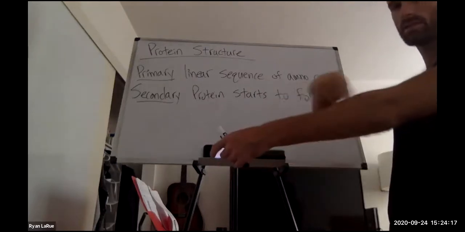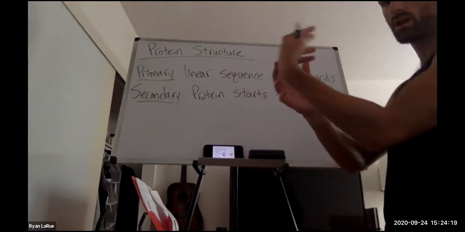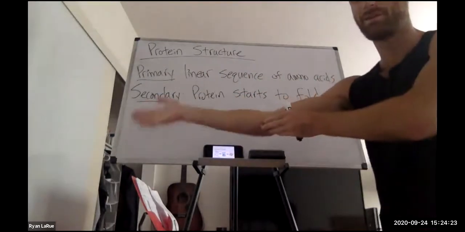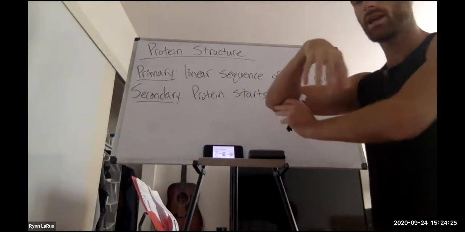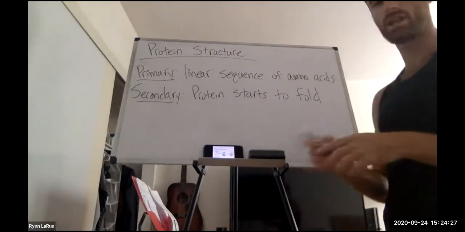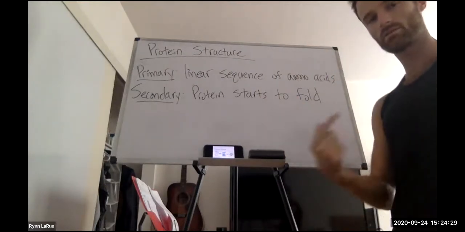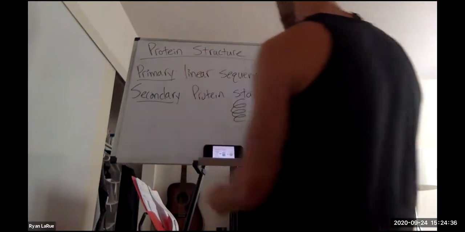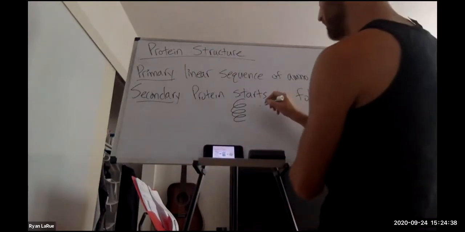When that linear sequence of amino acids starts to fold onto itself, it actually starts to make these interesting shapes. They're these coils that we call alpha helices, or an alpha helix. Kind of looks like that.